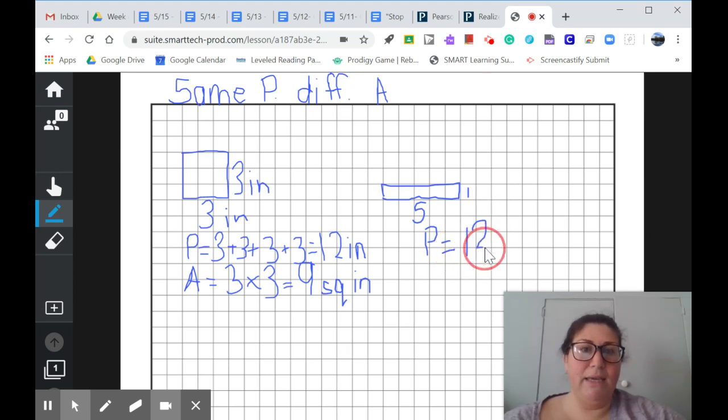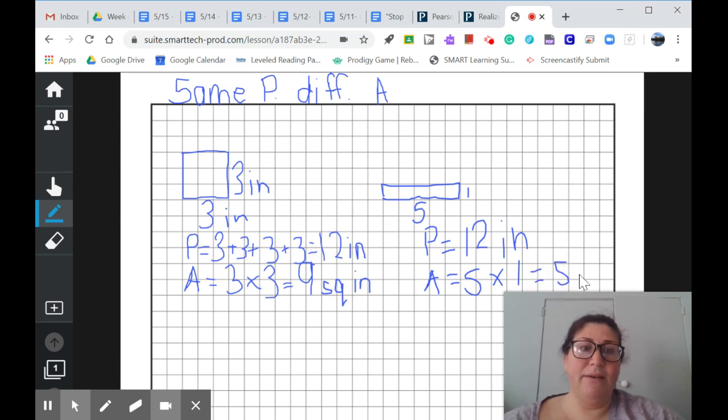Now, right away, I'm thinking that this 12 inches, we'll do inches again, this shape has a different area. So area is length times width. So area would be 5 times 1. What is 5 times 1? 5.